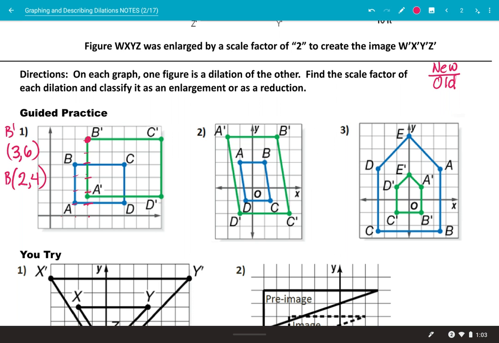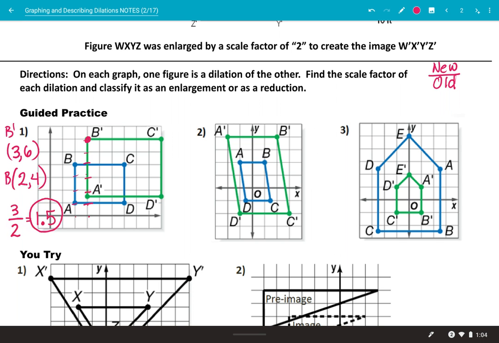So we take our new point divided by our old point. You can take either the x's or the y values. It doesn't matter, it's going to give you the same result. If you divide it, our scale factor is 1.5.